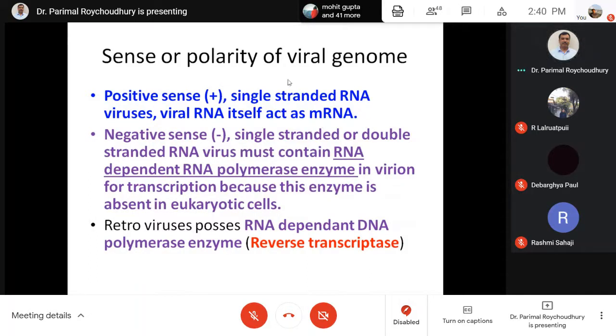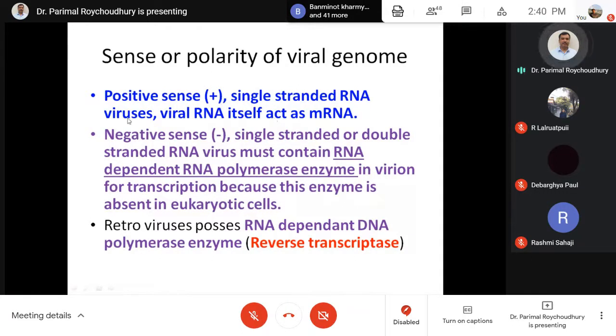But in the case of positive sense RNA viruses, the viral RNA sequence is similar to that of the messenger RNA. So no transcription occurs in this group of viruses. As soon as the virus genome enters the host cell, protein synthesis takes place without any transcription. So those RNA viruses we call positive sense or positive polarity.